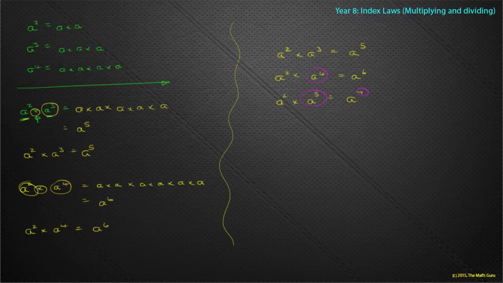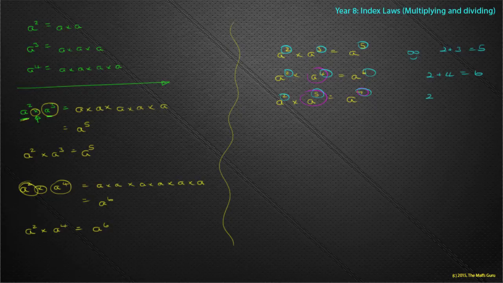But let's look more closely at the idea of the floaty numbers. What do we notice about 2 and 3 and 5? Is there a link? 2 and 4 and 6. Is there a link? 2 and 5 and 7. Is there a link? Well, of course there is. There's a fabulous link, because if I do 2 plus 3, I get 5. If I do 2 plus 4, I get 6.